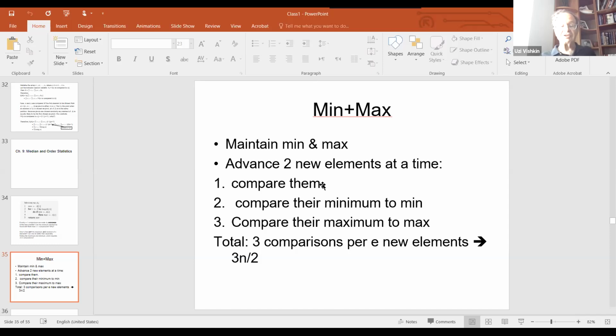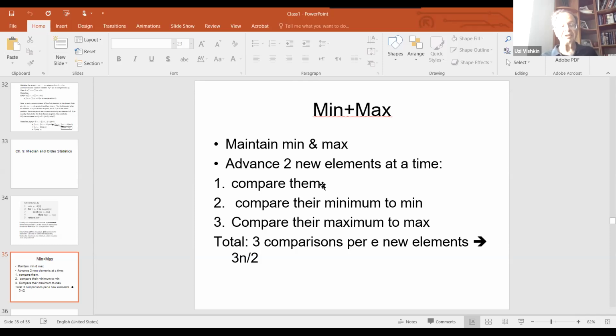If one is larger than the other, what is your immediate conclusion? The larger one cannot be a minimum, because there is already an element smaller than it. And the smaller one cannot be the maximum, because there is already an element which is larger than it. So the only thing that remains is to compare the smaller to the tentative minimum, and the larger to the tentative maximum.